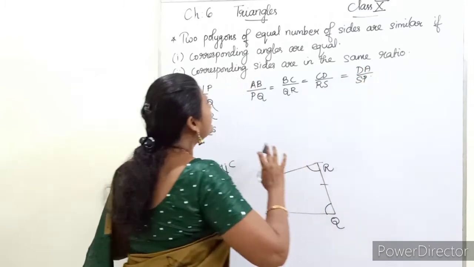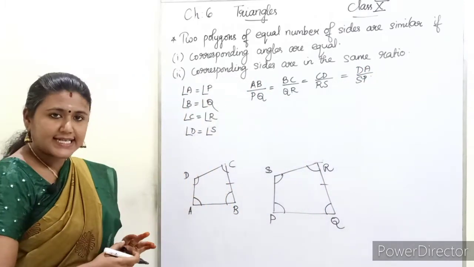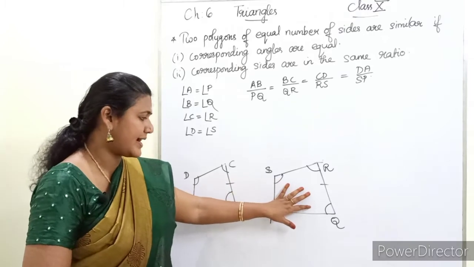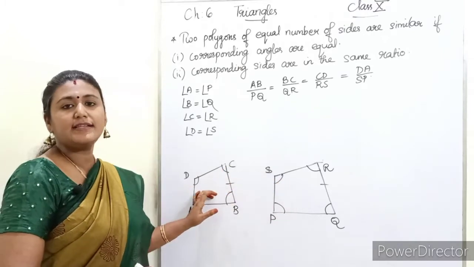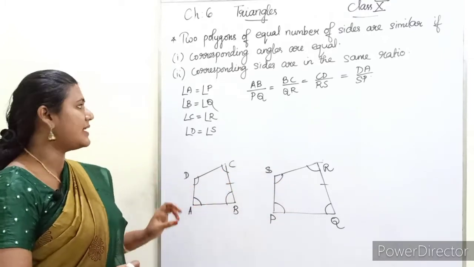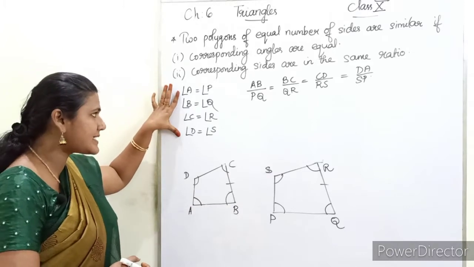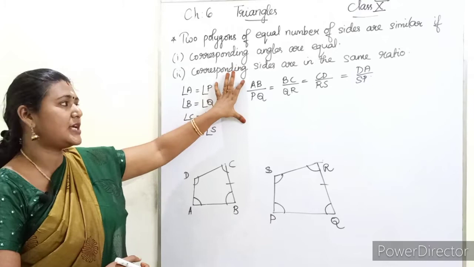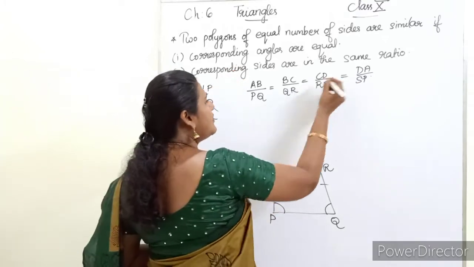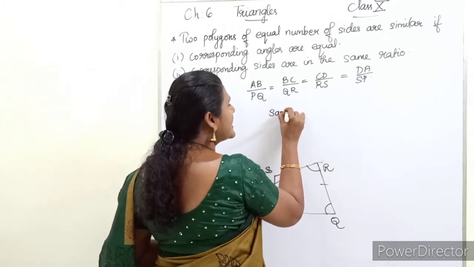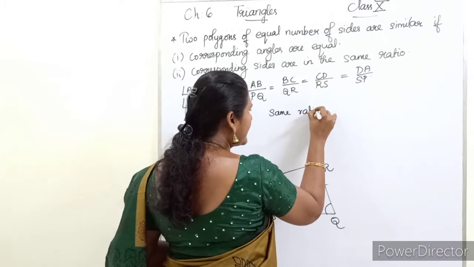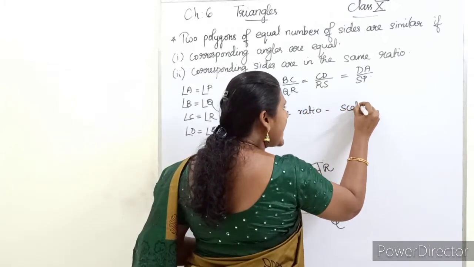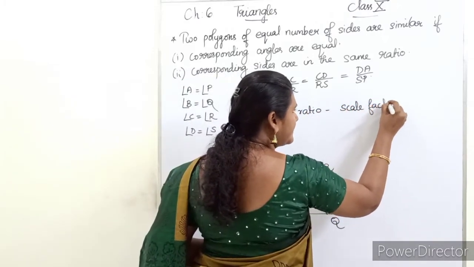So, if these two conditions are satisfied for these two quadrilaterals, then we can say that these two quadrilaterals are similar. That is, corresponding angles are equal and the corresponding sides are in the same ratio. Actually, this same ratio is called the scale factor.